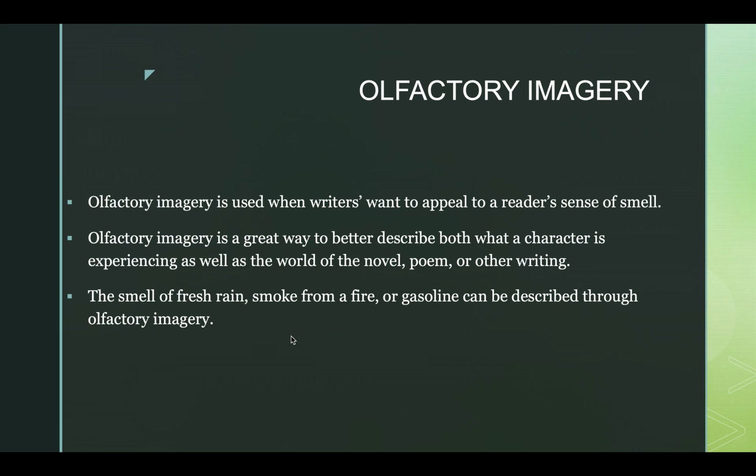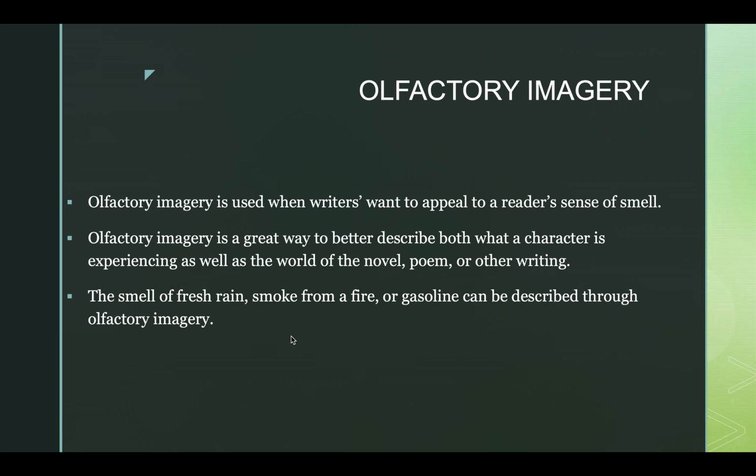Another one is the olfactory, and the olfactory has to do with the smell. So again, the picture that is being painted is all surrounding smells. So maybe it's after a shower of rain and you're being told how the ground smells in terms of that earthy, muddy scent. You may be talking about the fresh scent in the air.